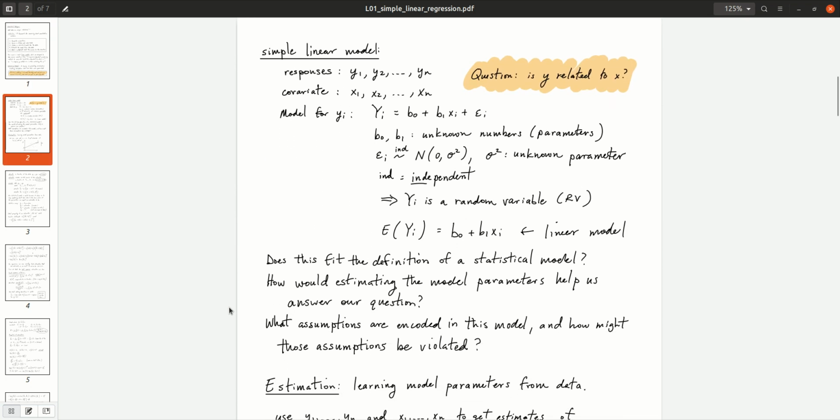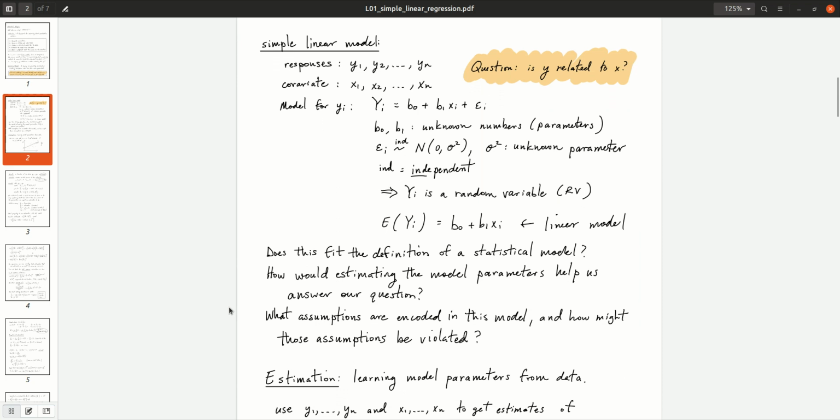So let's look at what we call the simple linear model. Our notation for the response is going to be y, and we'll have n responses. So we'll label them y1 up to yn. The covariate we'll call x, and there's one covariate for each response. And so we'll label those also x1, x2, up to xn.